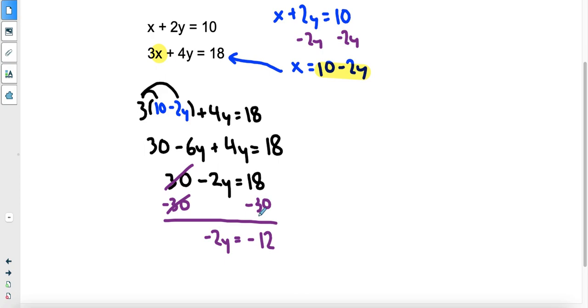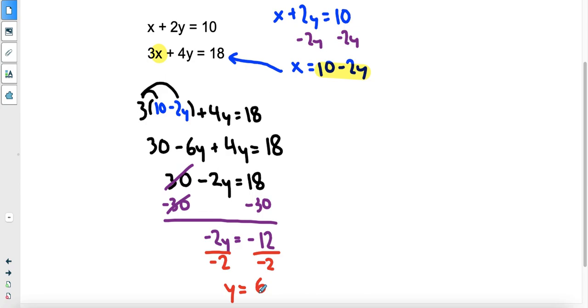To get y by itself, I just need to divide by negative 2. Negative 12 divided by negative 2 is 6. So I know y is equal to 6.